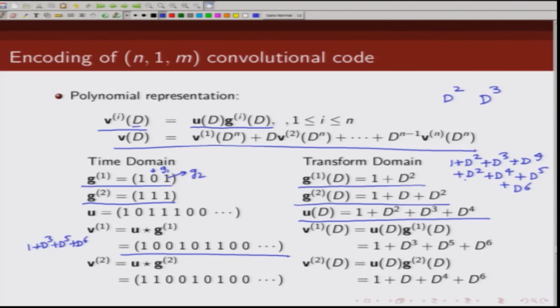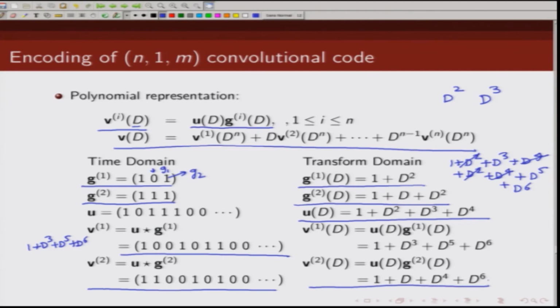So D square plus D square is 0, D4 plus D4 is 0. So what we are left with is 1 plus D cube plus D5 plus D6. This is precisely what you get here. So you can see basically these two representations are equivalent. Similarly, we can write U2 which is given by this, and you can verify for yourself.